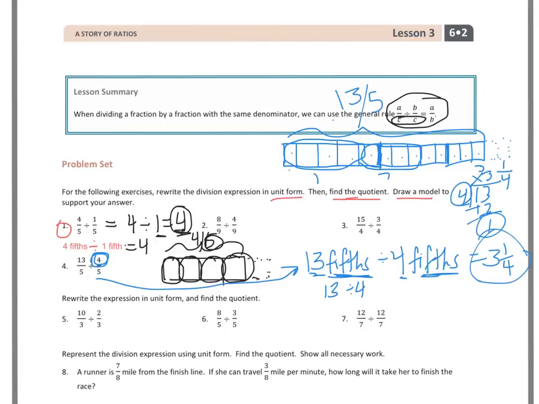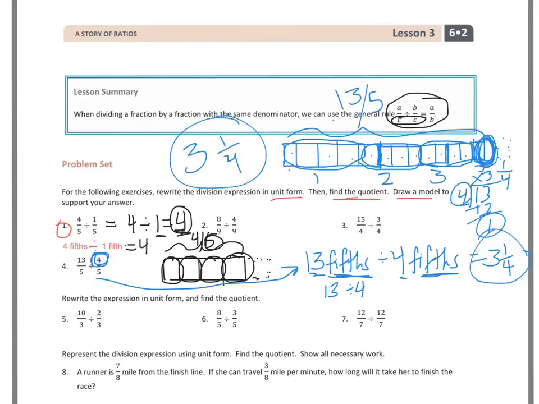There's 2. 1, 2. There's 3, and I have 1 left over. So I have 3 wholes with 1 left over. So that one left over, what am I trying to circle groups of? 4. So that's one of the 4 that I need to circle. So that's where 3 1/4 comes in.